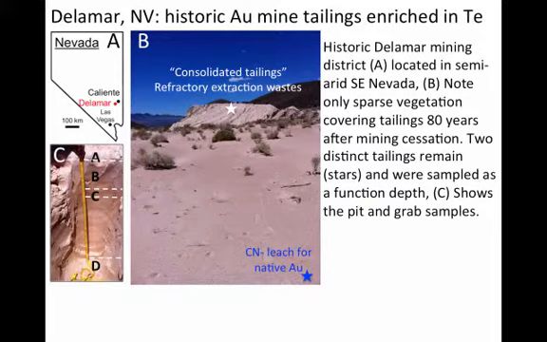I'm showing the two tailings piles that were sampled, and talking about why they might be different. They clearly have different, even at this scale, you can see a difference in the physical and chemical properties. You see some sparse vegetation on the tailings in the foreground, and you see no vegetation on the tailings in the background, and you can see that the background tailings are kind of consolidated.